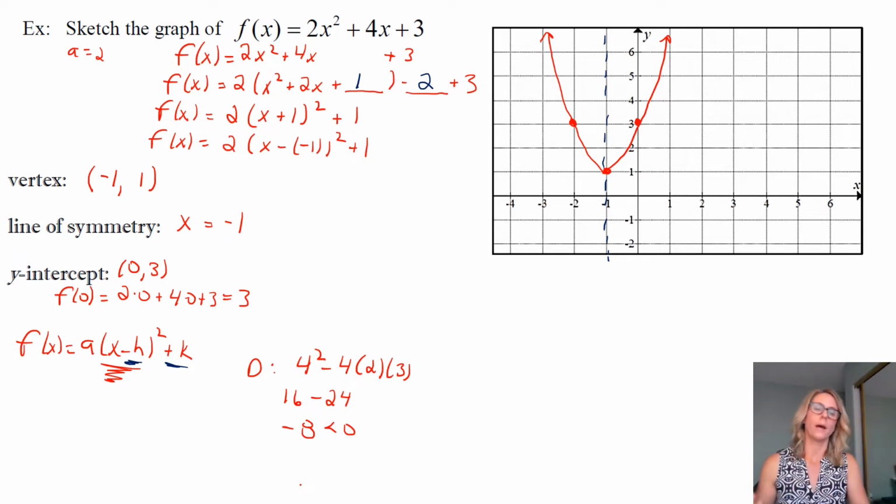And so it tells us that we don't have any x-intercepts because we don't have any real x values that give us a solution when you set it equal to 0. So this is telling us no x-intercepts. So using the discriminant to tell me that means I don't have any x-intercepts, I can see them. This function is above the x-axis, so pretty easy to see graphically.